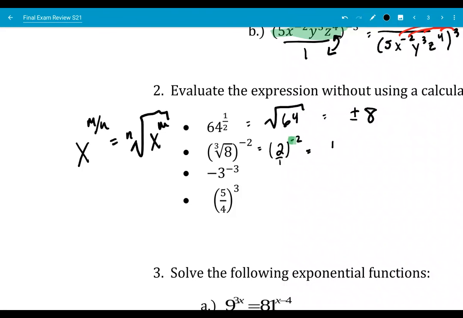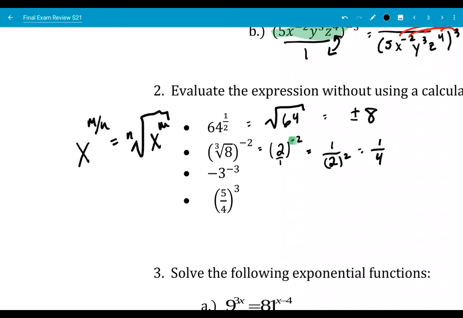So this is going to become 1 over 2 to the power of 2. Excuse me, that's 1 over 2 to the power of 2, which is the same thing, but I just want to make sure I'm writing it correctly, which is 1/4.